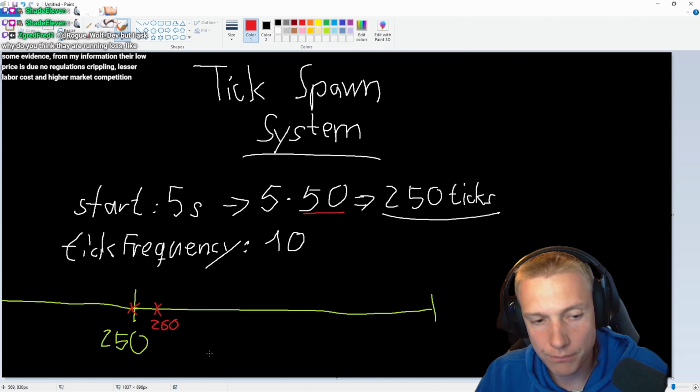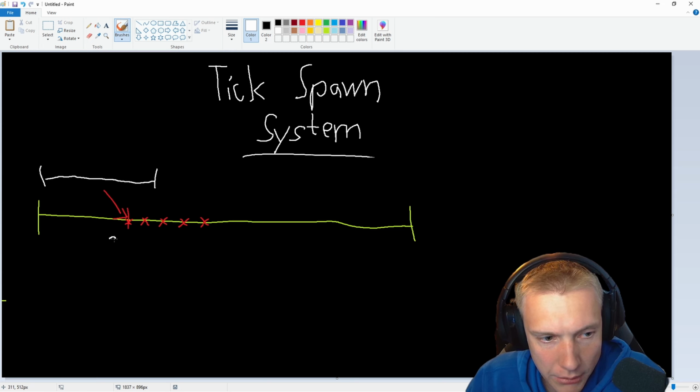Okay, and the time for the level just goes and goes and goes, and it's here right now. Okay, and we know that we are operating in ticks, right? Let's say this is 250. Well, let's just say this is 200, and then every 10 ticks it spawns.